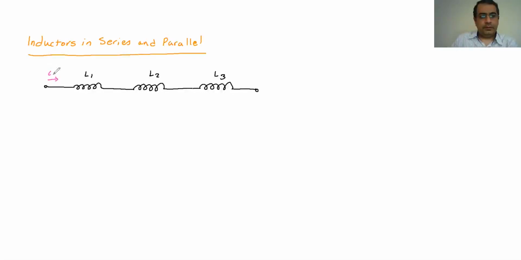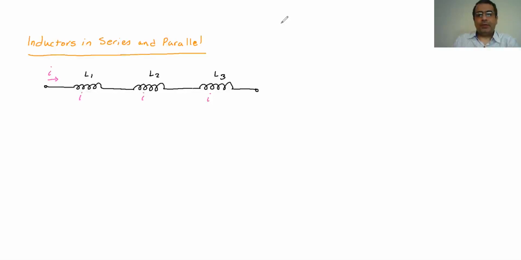So we know that the I that goes through here is the same I that goes through L1, the same I that goes through L2, and the same I that goes through L3. The current through each one is I.